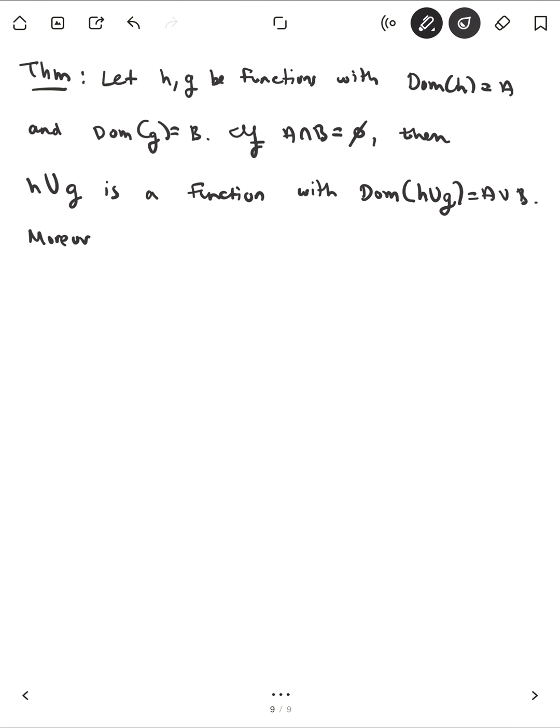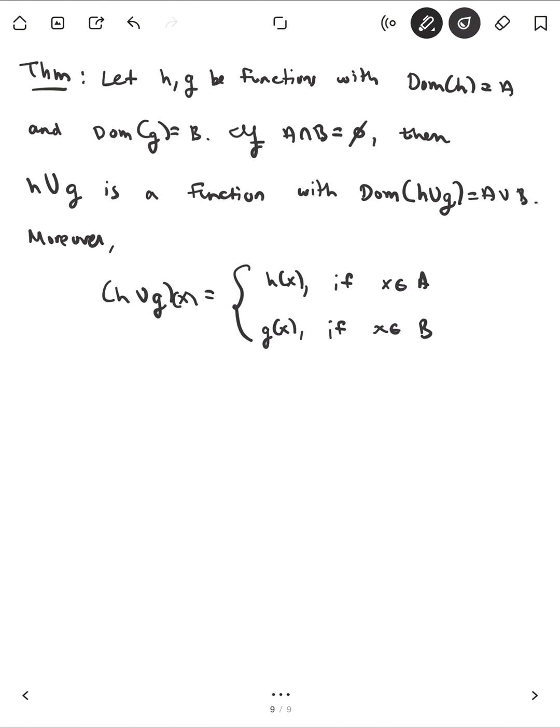Moreover, you can explicitly write easily how h union g is defined. It's h of x if x is from A, and g of x if x is from B. And now you can see why this disjoint condition becomes important. And so, for example, you can think of this with a very easy example.